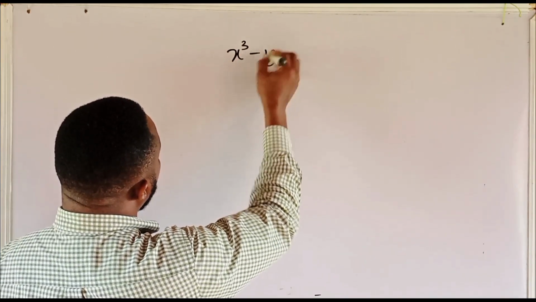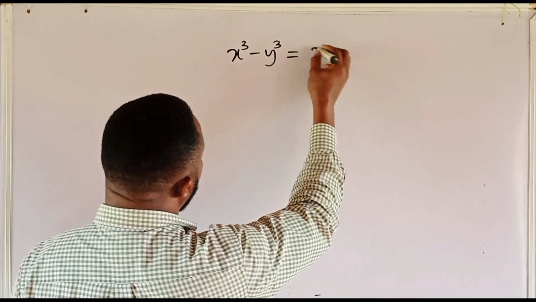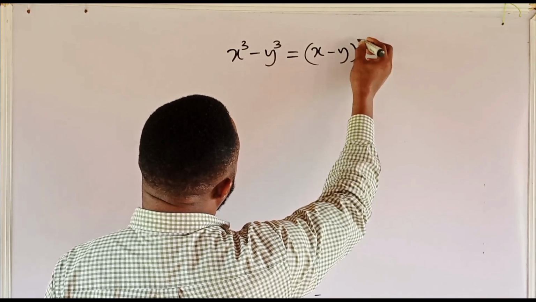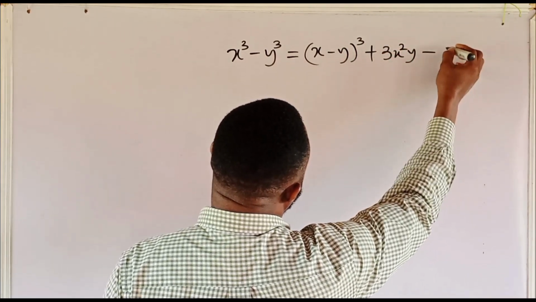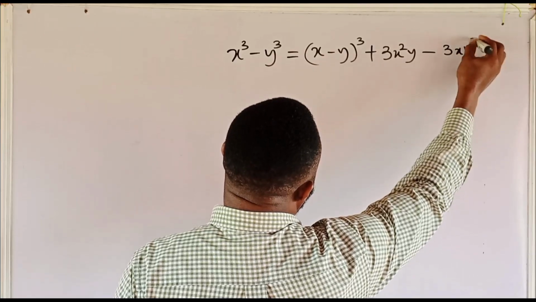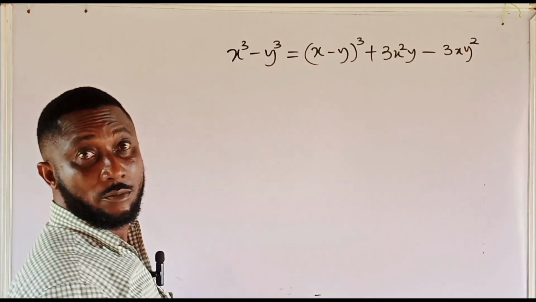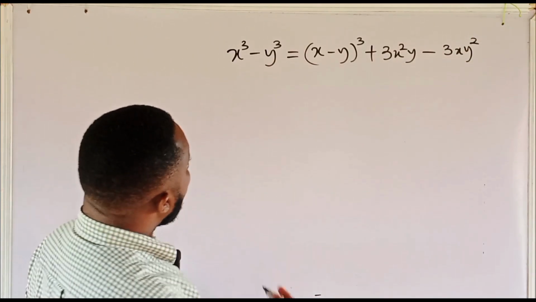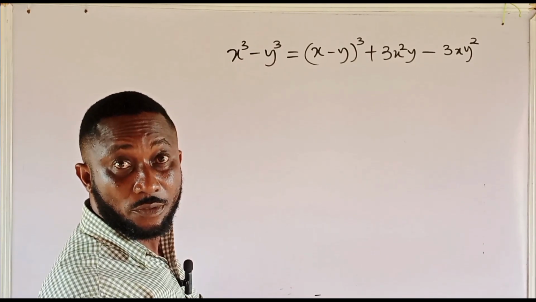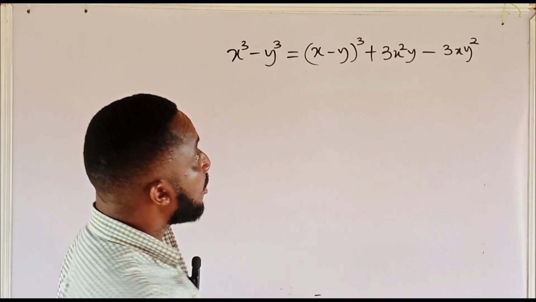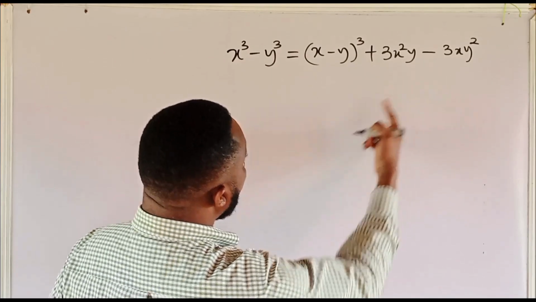S cubed minus y cubed equal to s minus y whole cubed plus 3s squared y minus 3sy squared. Now, I already know that s cubed minus y cubed is equal to 4 from equation 3. So I need to look for the value of sy.